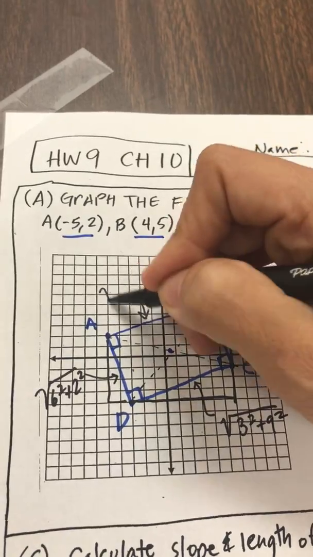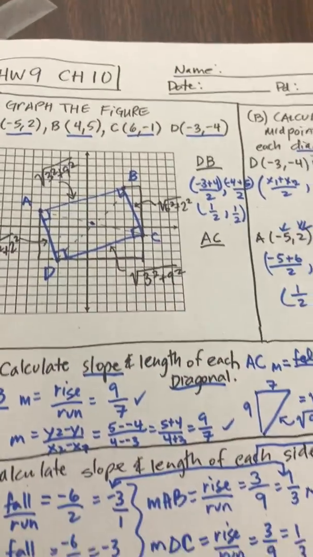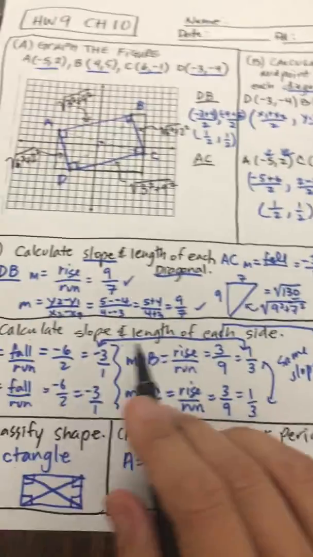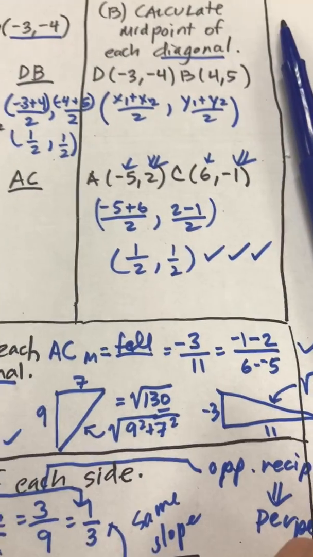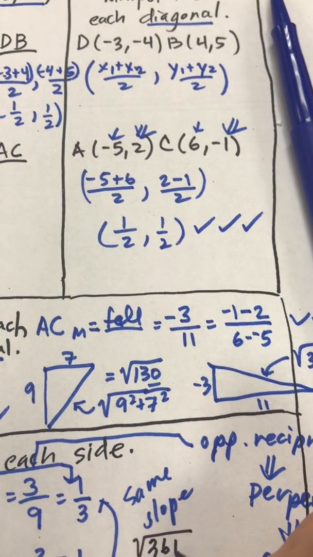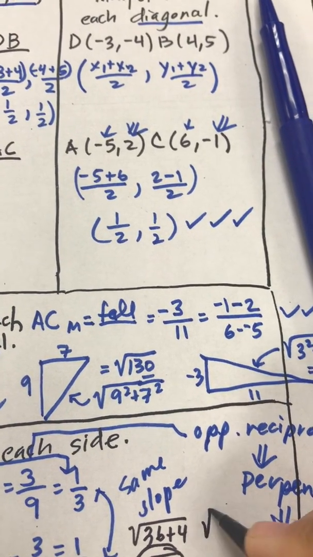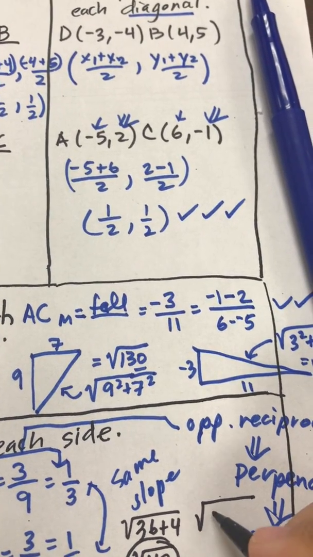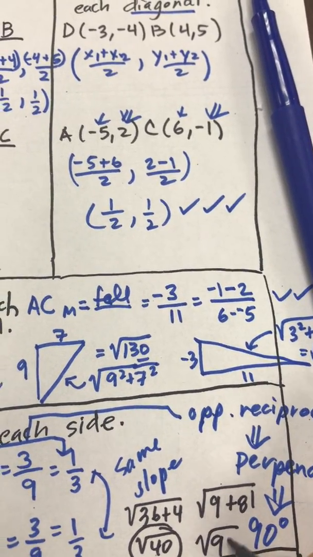And this would also have to be the square root of 3 squared plus 9 squared. Okay? So the short length is the square root of 36 plus 4, so the square root of 40. And the longer length is the square root of 9 plus 81, or the square root of 90.